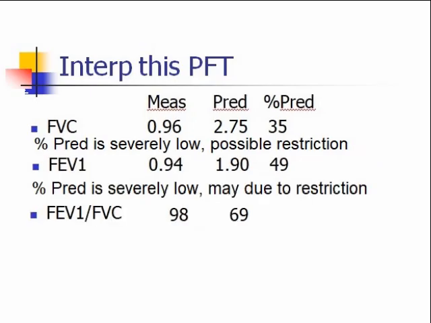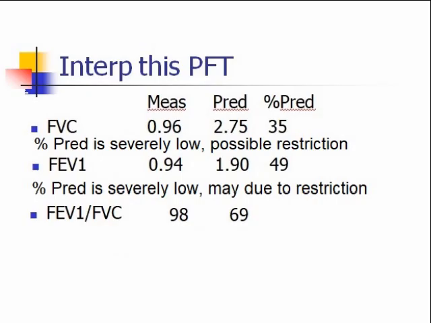The FEV1 at 49% of predicted is also considered to be severely low. Again, this may be due to the fact that there is a restriction potential causing the lungs to be not fully inflated, and when that happens, your FEV1 may also go down.